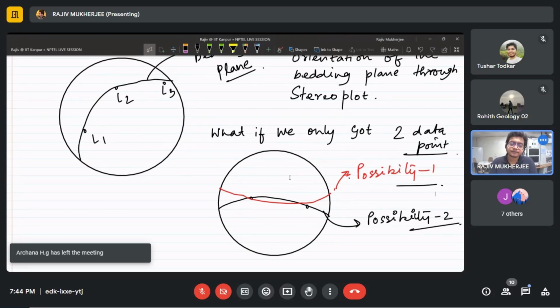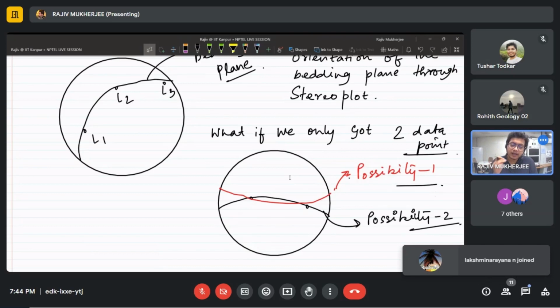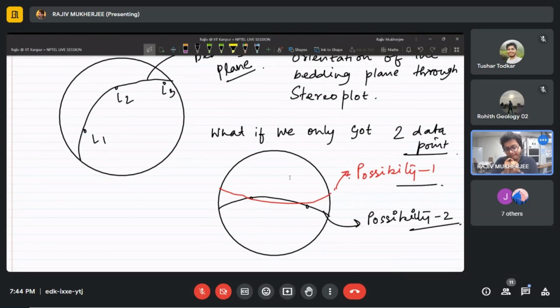Then how much data should we acquire or measure to say confidently that our data is accurate enough to give you the actual orientation of the bedding plane? So in this case, if we have two data, the amount of error is quite high, right?